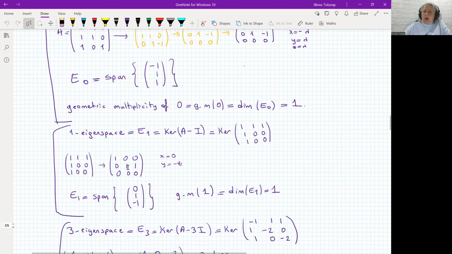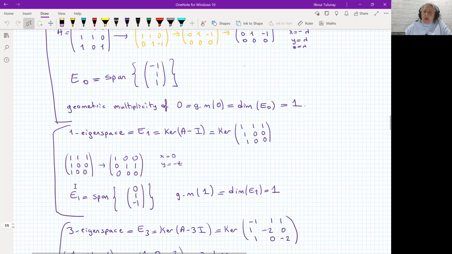The second row gives y plus z equal to 0, which is y equal to minus z. So if you say z is equal to lambda, the vector will be (0, minus lambda, lambda). The vector that spans this space will be (0, 1, minus 1). The basis of the kernel will be (0, 1, minus 1).